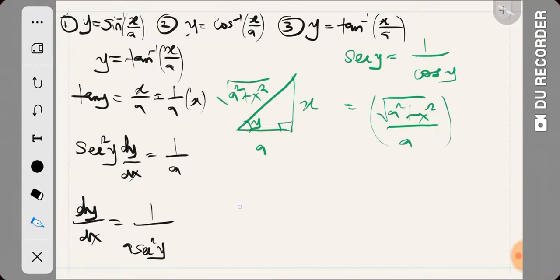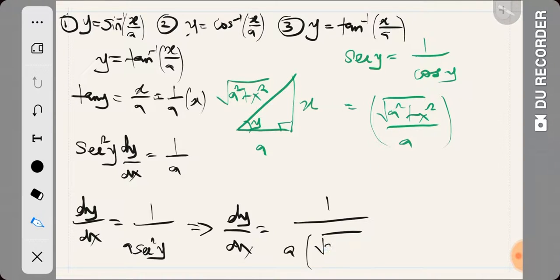So we have dy over dx as 1 over a, then we have sec squared, so I have a² plus x² over a squared.